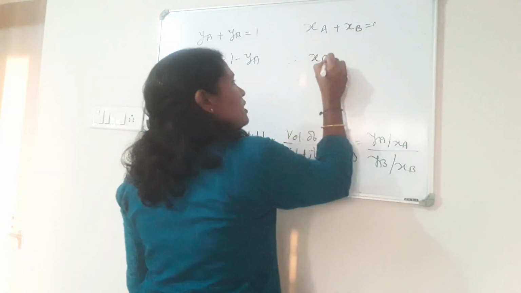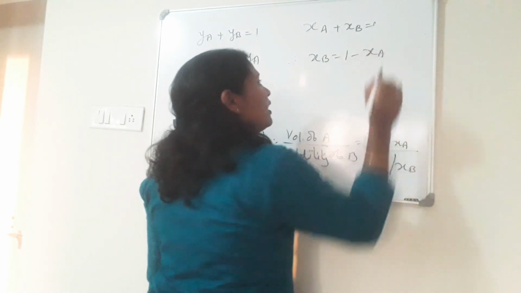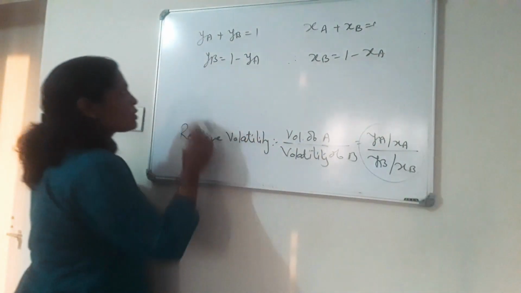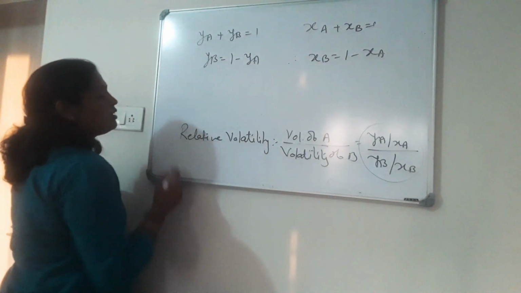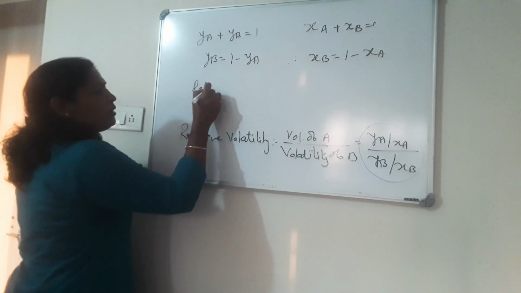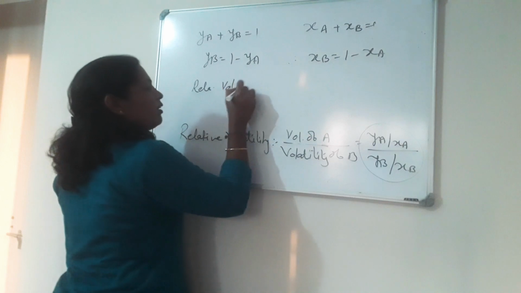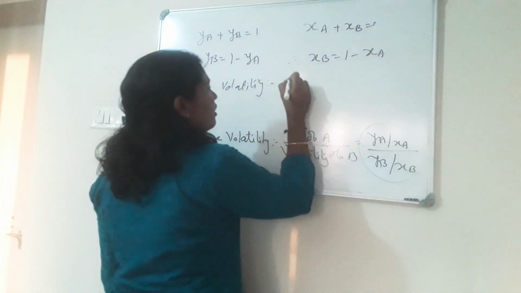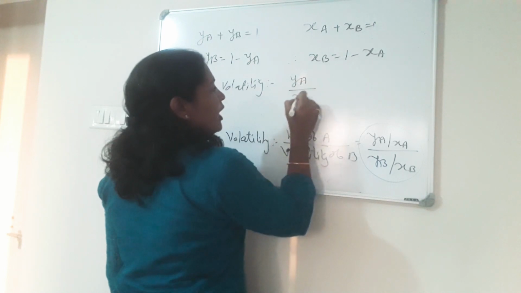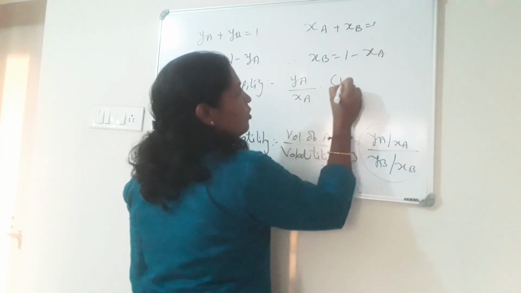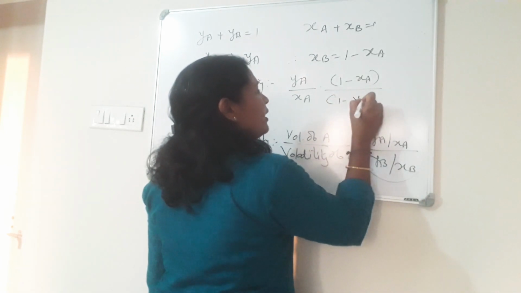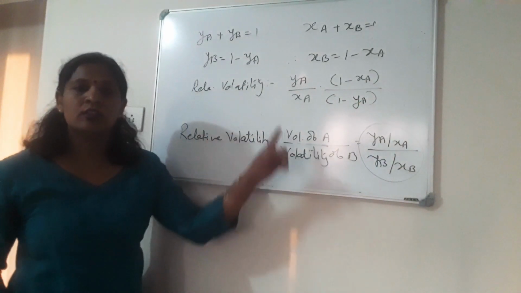Therefore, XB is equal to 1 minus XA. We can put the value of this XB and YB in this equation. So it becomes like this: YA upon XA into 1 minus XA upon 1 minus YA.